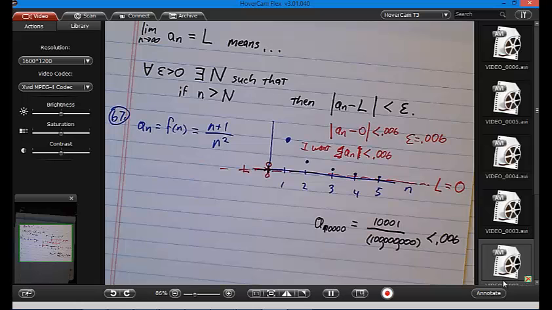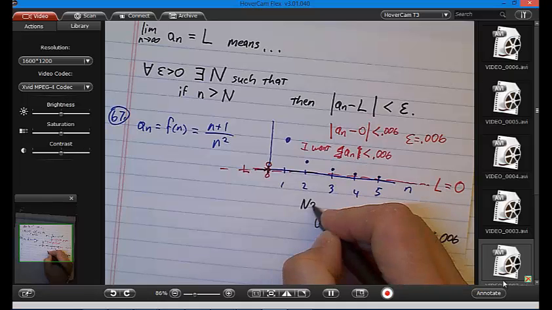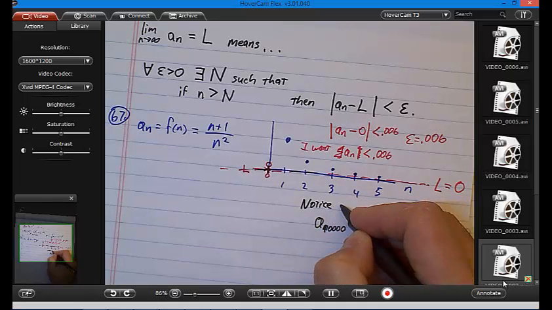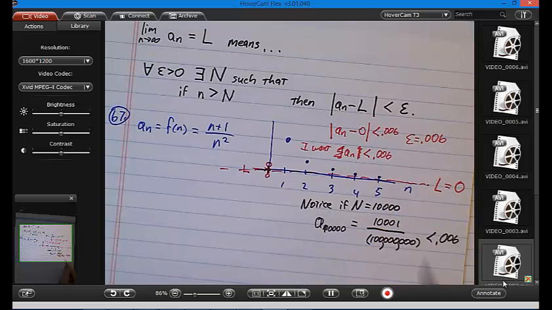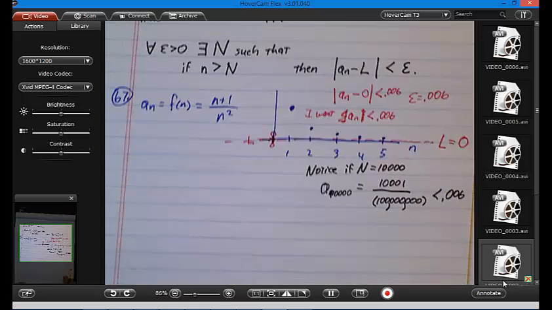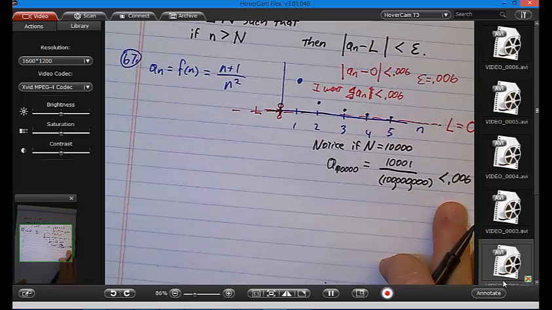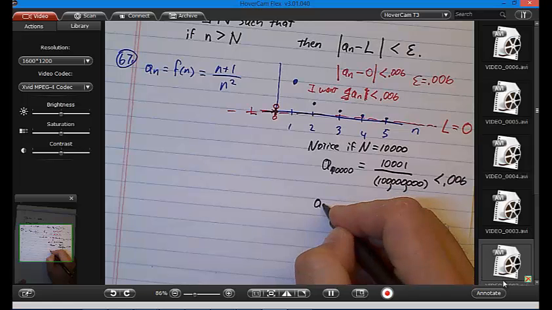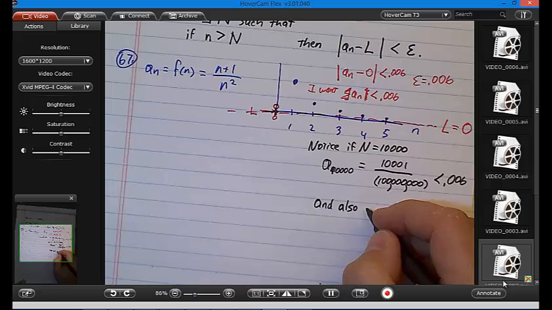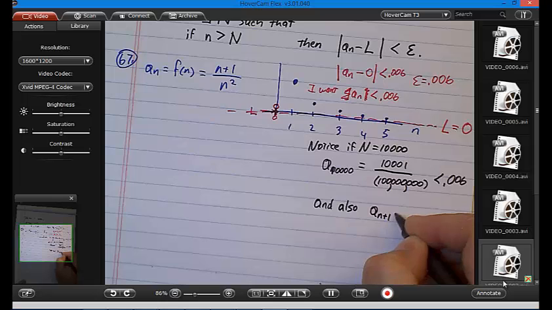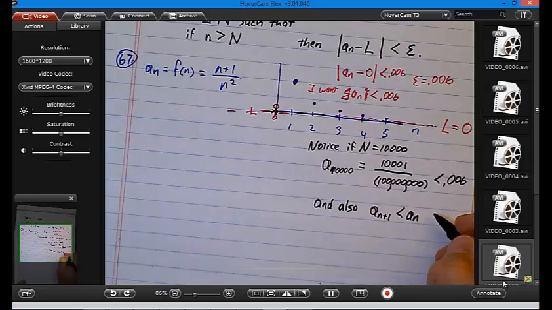We just took Wolf. He said, hey, give me a number. Now, notice if capital N equals 10,000, we have this. And also, a sub n plus 1 is smaller than a sub n for all n.